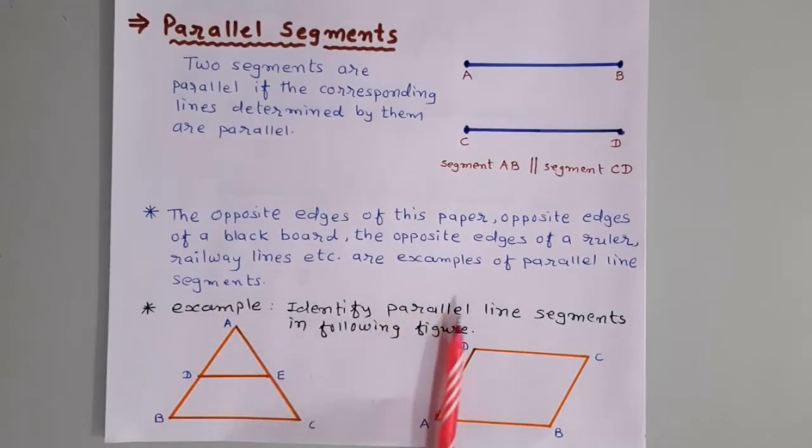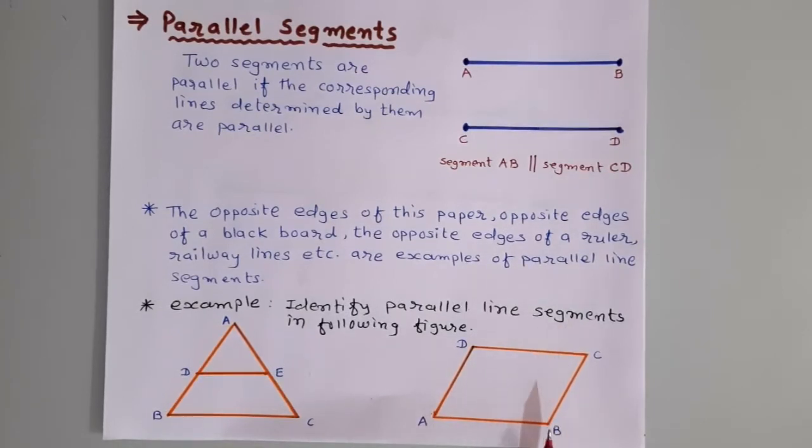Now identify the parallel line segments in the following figures. In figure 1, a triangle is given and this segment DE is also given. So segment DE is parallel to segment BC, and here DC is parallel to AB and BC is parallel to AD.